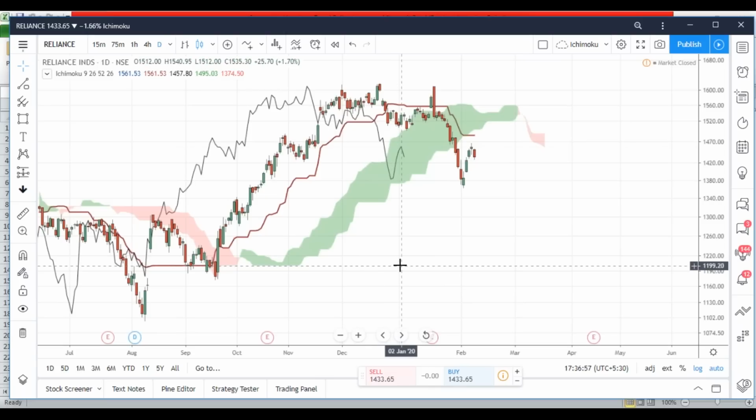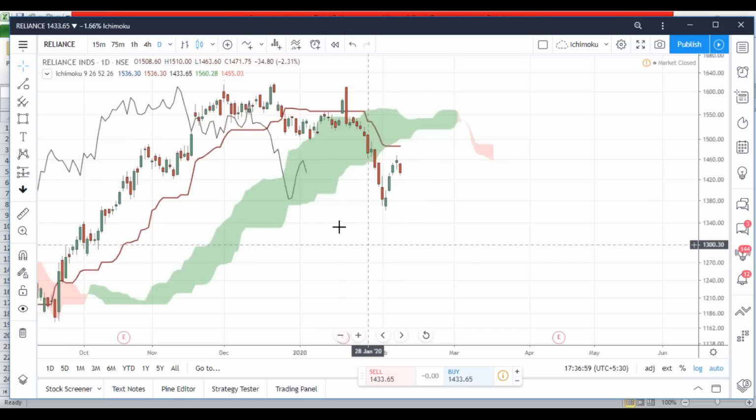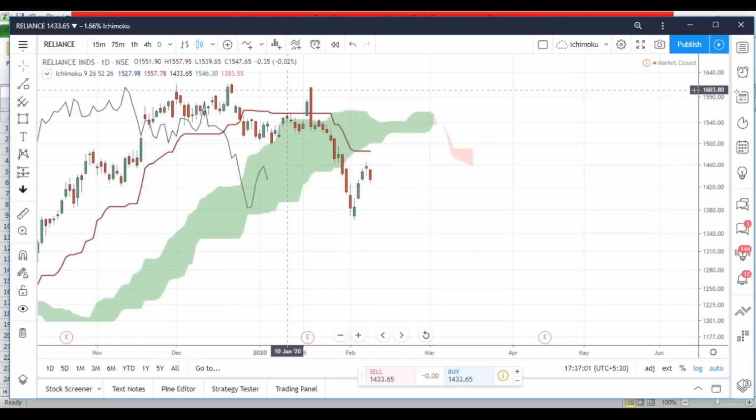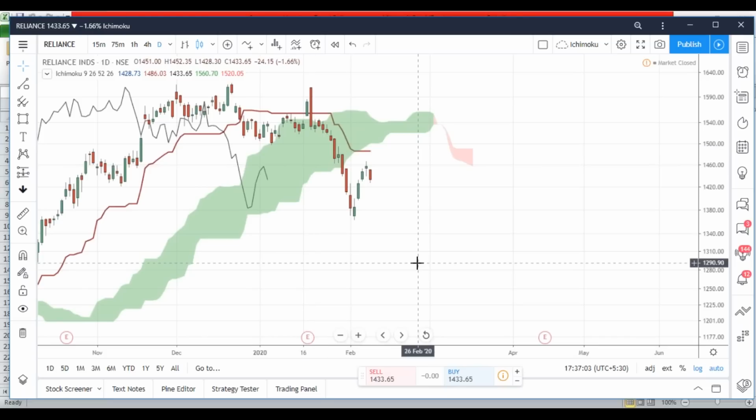Yes, in Reliance, the pullback has failed. True, and obviously the strategies are not 100% true. That's the reason we require a stop loss, and as I said, trend trigger and trend management. That's why trend management is of prime importance here. Reliance cloud pullback failed miserably. Yes, you are right.